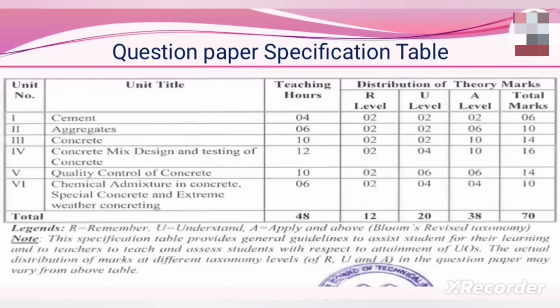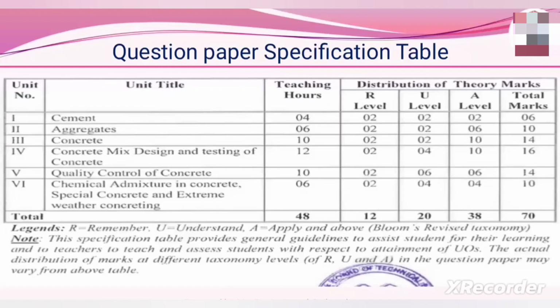Now we will see question paper specification table. In this table you can see there are total 6 units. For unit 1, cement, total marks is 6 marks. Unit 2 carries 10 marks.